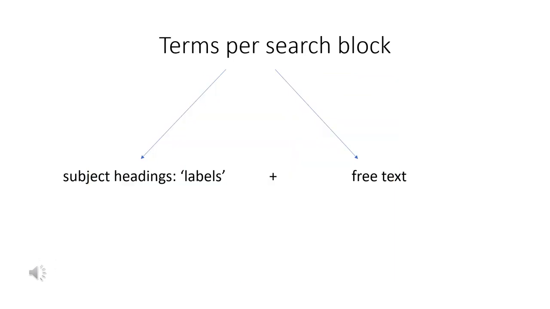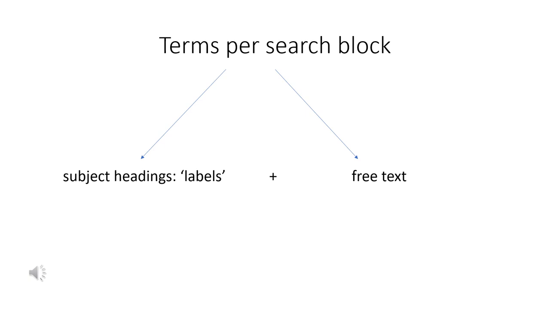So you can see in my example that I used a strategy of using predefined categories and using free words from the titles from the books. And this is actually exactly what we are also doing in a search block. In each search block, we use predefined categories and actual words. So those are the two types of words you use within a search block. Because there are already people who have categorized the papers according to certain categories.